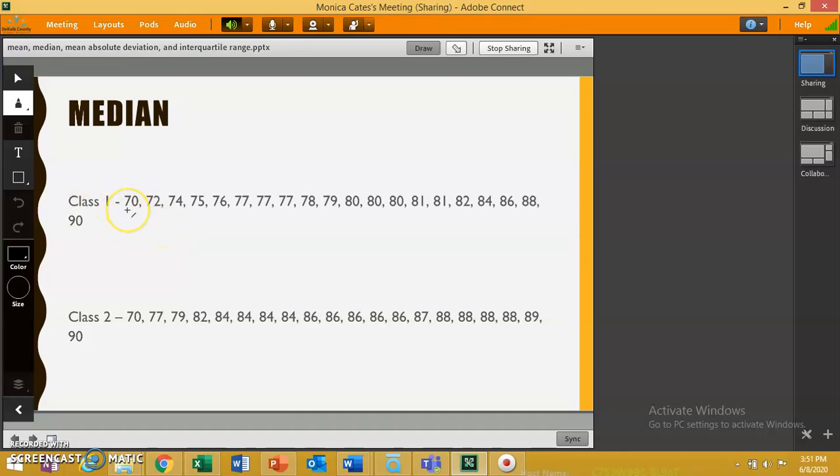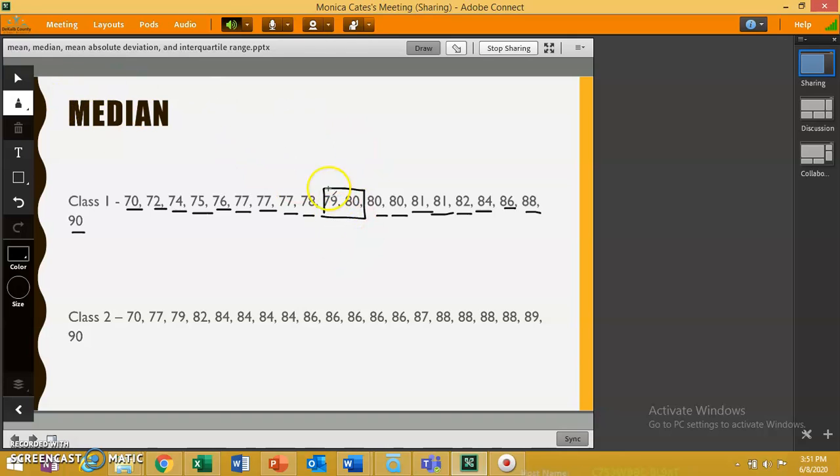So let's count going from the top and from the back. 1, 1, 2, 2, 3, 3, 4, 4, 5, 5, 6, 6, 7, 7, 8, 8, 9, 9. And so that means that these 2 values are the values that I will need to find the median.